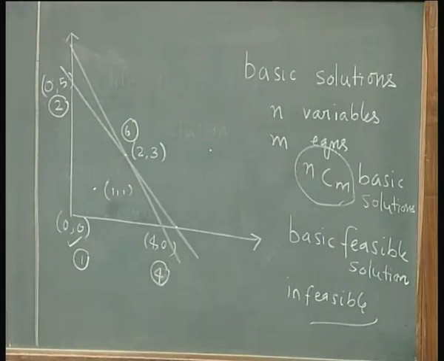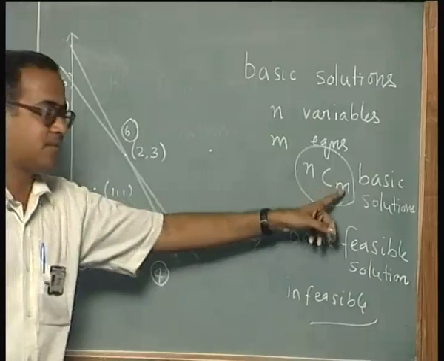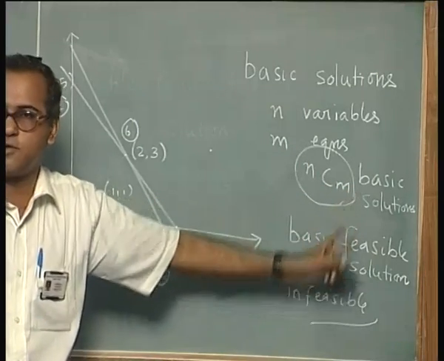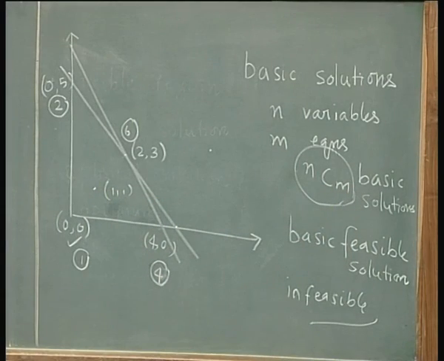It can become exponential when n is large and m tends to n by 2. So, we end up evaluating a very large number of solutions before we reach the optimum. That is the first disadvantage of the algebraic method.